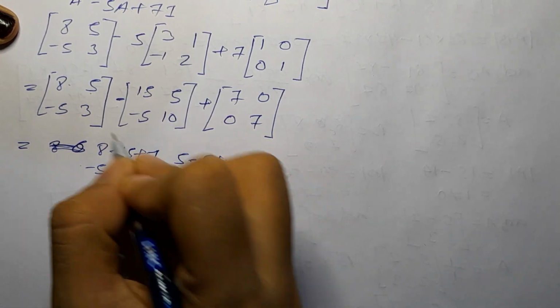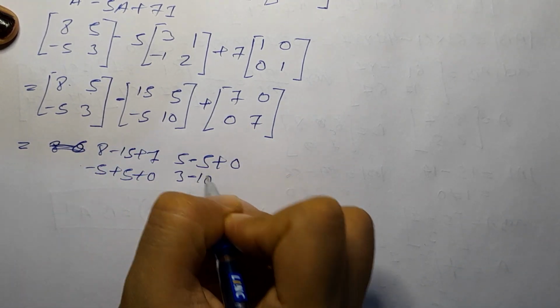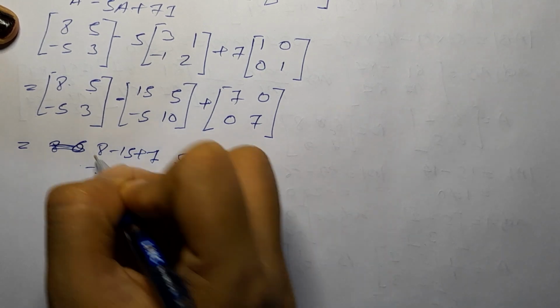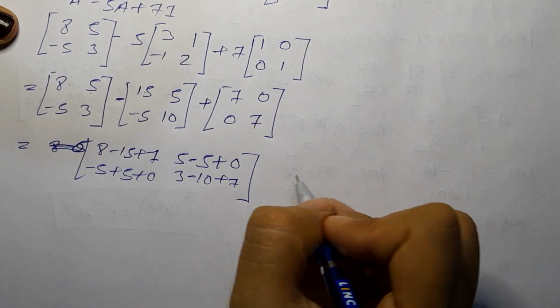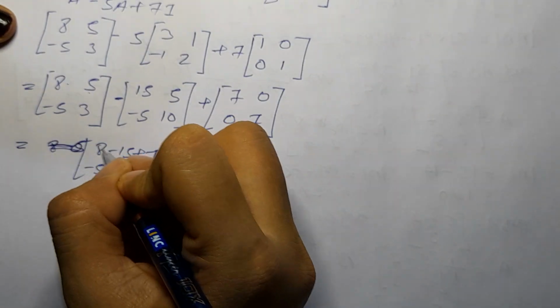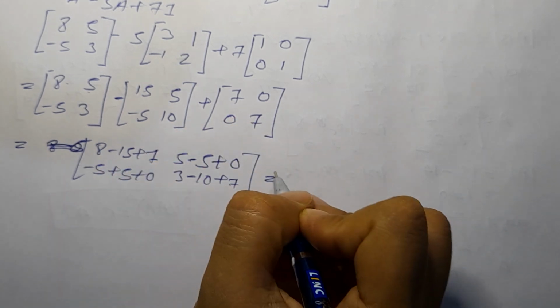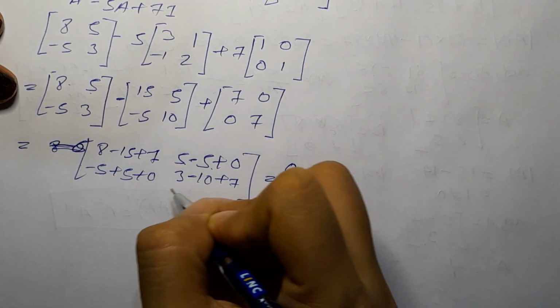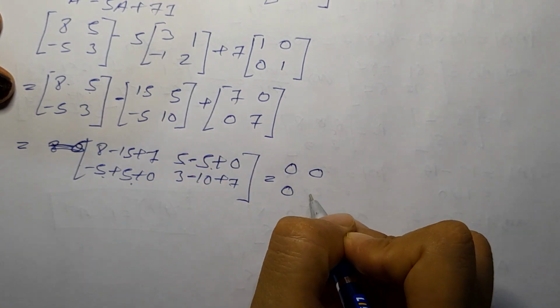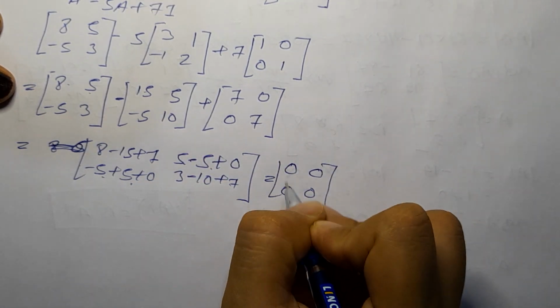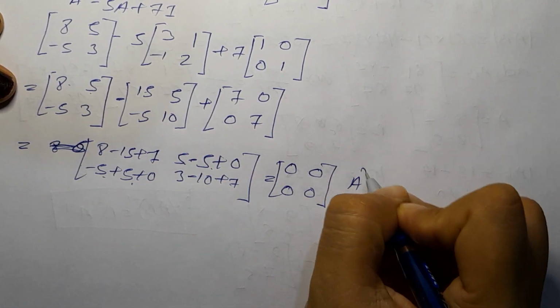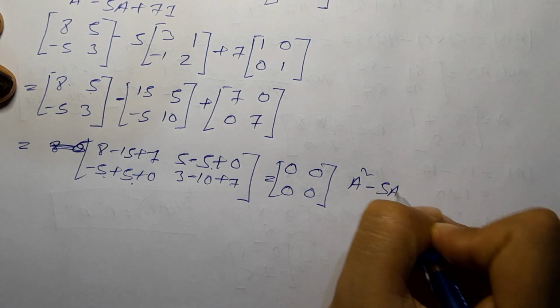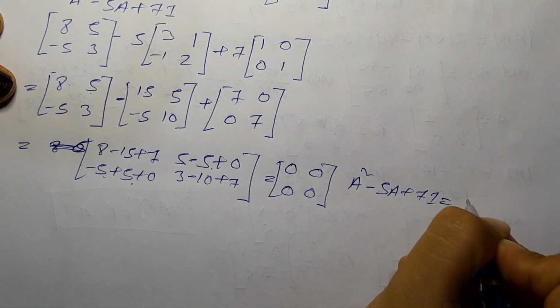So 3 minus 10 plus 7. 8 plus 7 is 15, 15 minus 15 is 0, minus 5 plus 5 is 0, here also 0, 0. So we got the equation, that is A square minus 5A plus 7I is equal to 0.